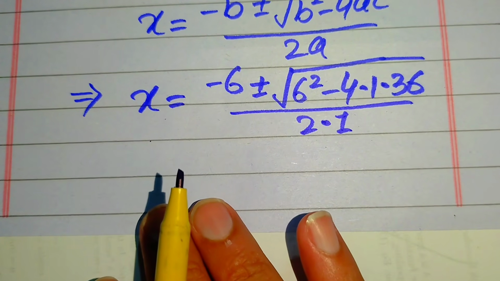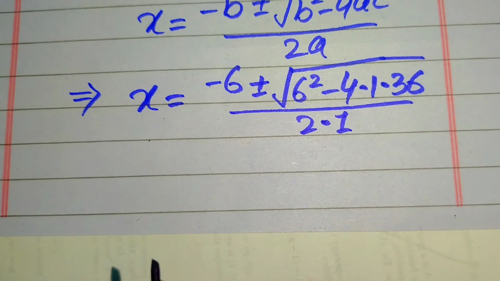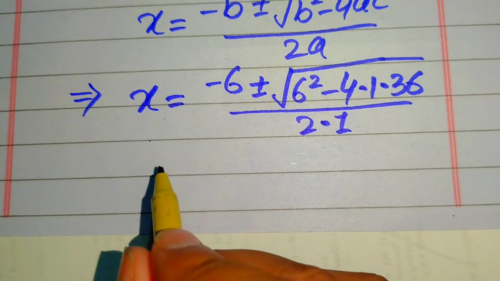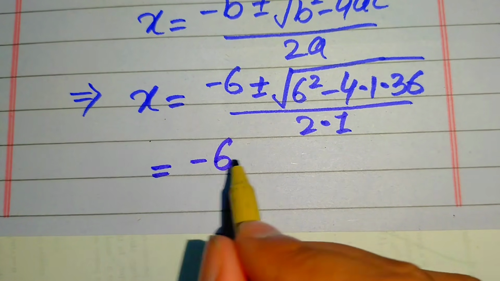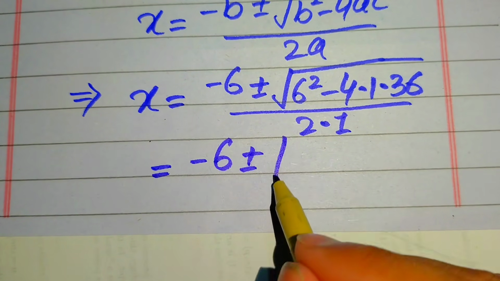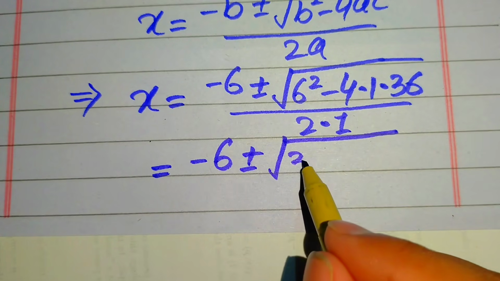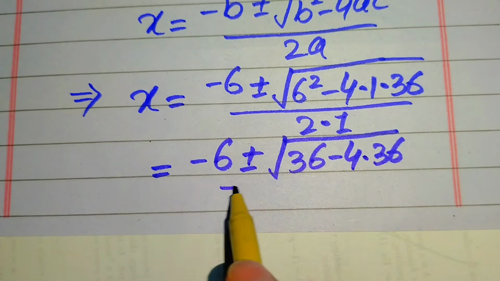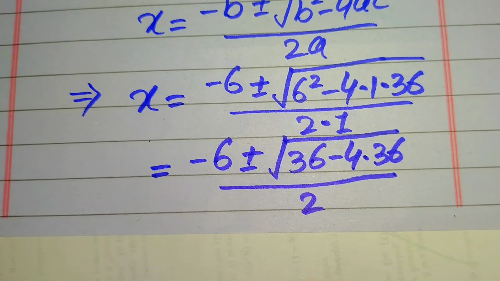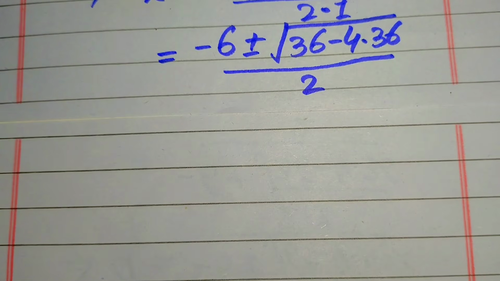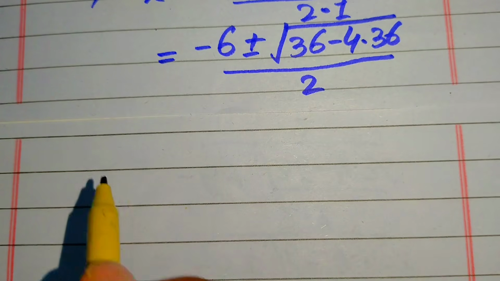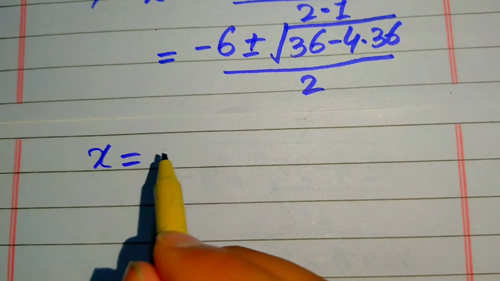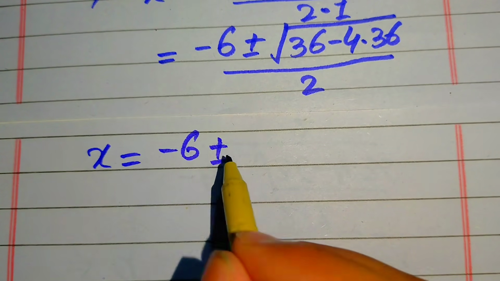And now further in the next step we need more simplifications here, and this will be written as minus 6 plus minus square root of 6 square becomes 36 minus 4 times of 36 divided by 2 times of 1 is equal to 2. And now further in the next step we need more simplifications here, and we get our x is equal to minus 6 plus minus.